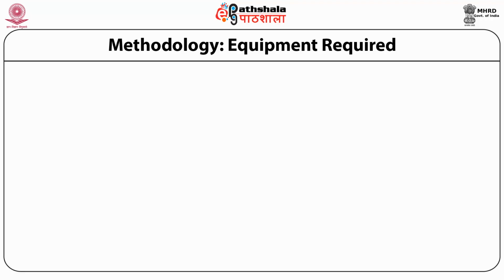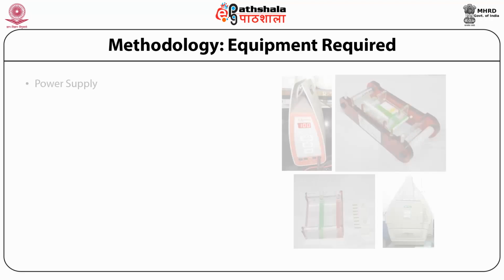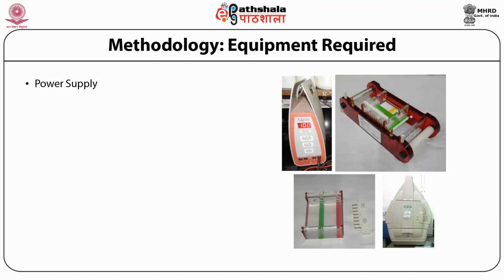For this, we require certain equipments which include power supply, which can give output in two different modes, either in constant voltage or constant current. We also require horizontal electrophoretic unit, which is available in variable size for variable number of samples.